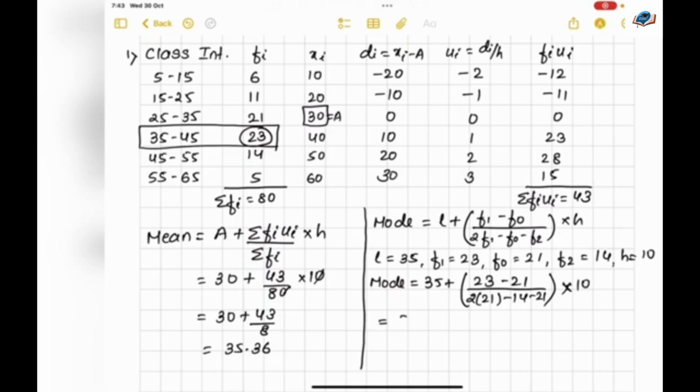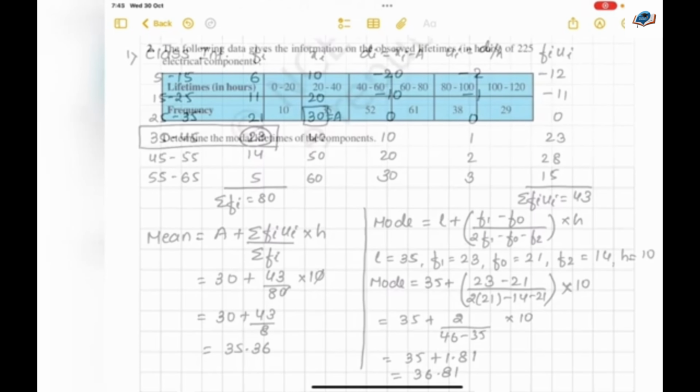So that will be 35 plus 2 upon 46 minus 35 into 10. So that is coming to 35 plus 1.81. So 36.81. So if you compare, both the values are very much near to each other.